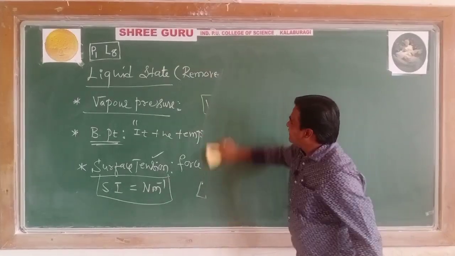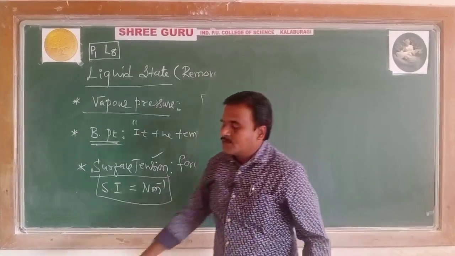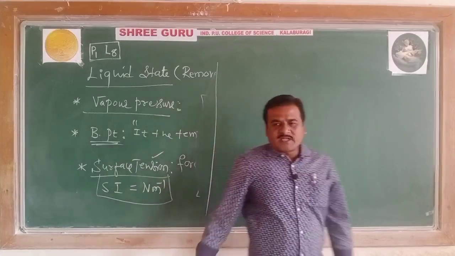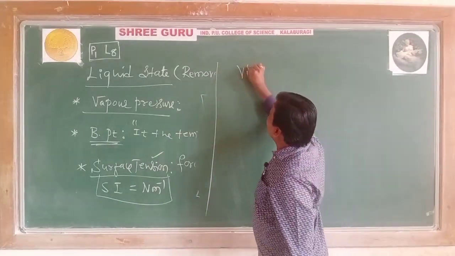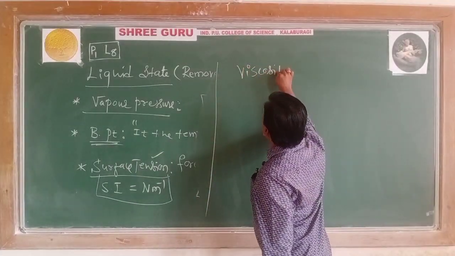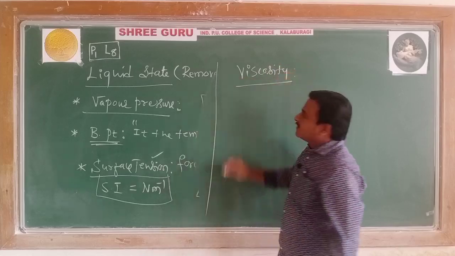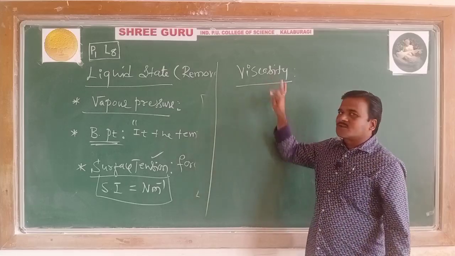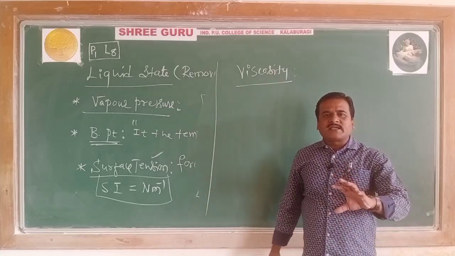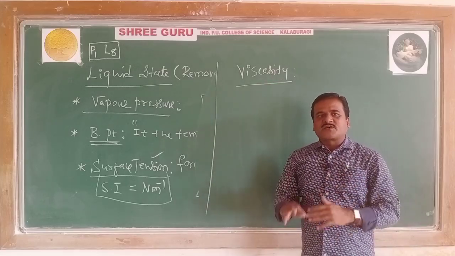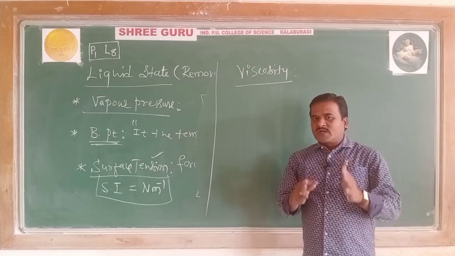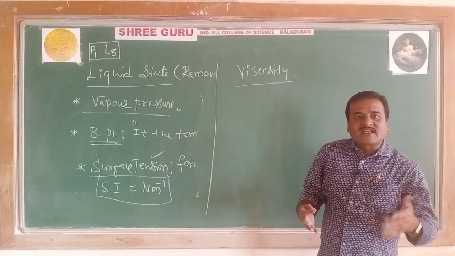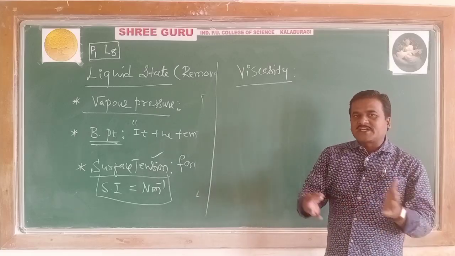Liquids possess a property called viscosity. It is the resistance for the flow of liquid, where one layer opposes another layer to flow continuously.